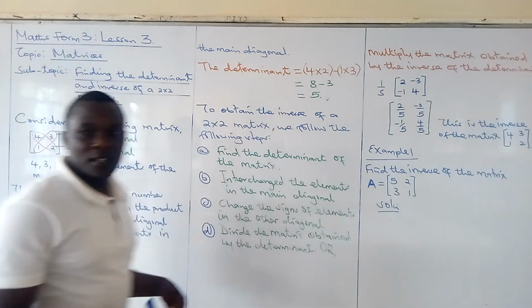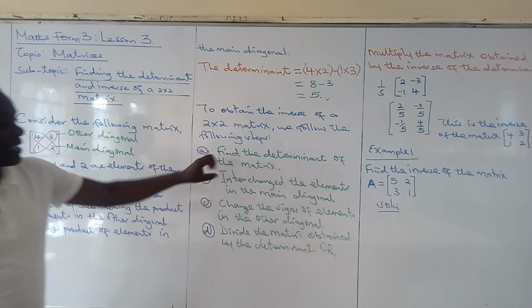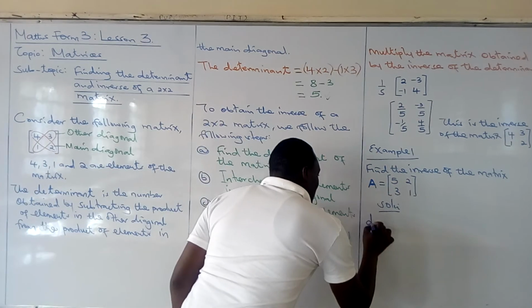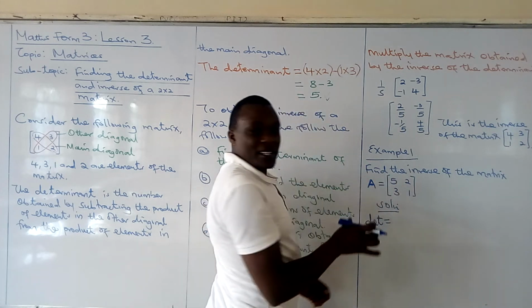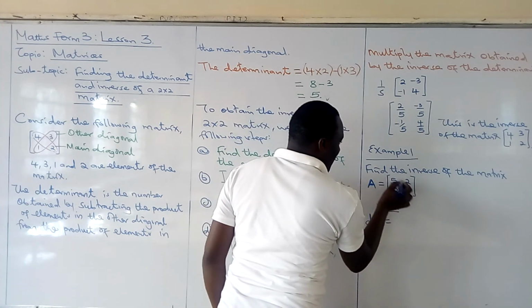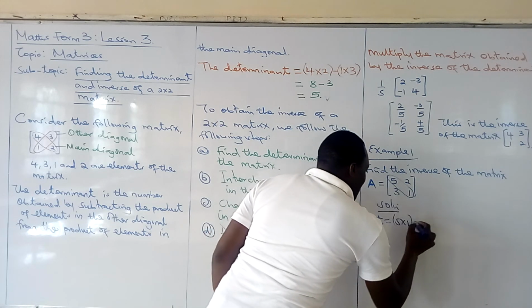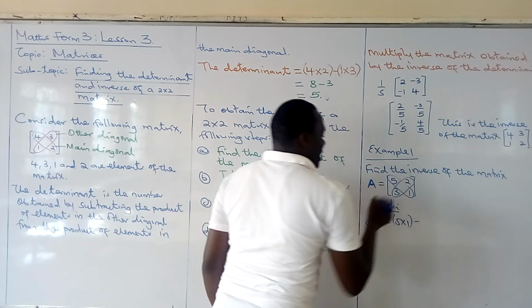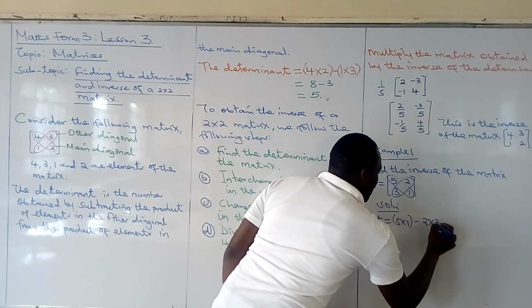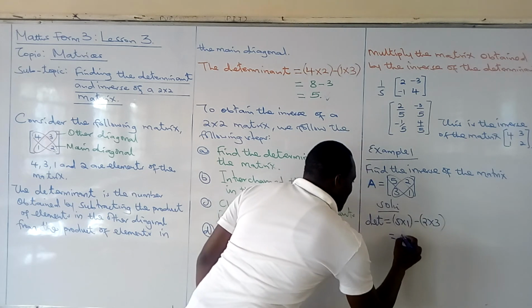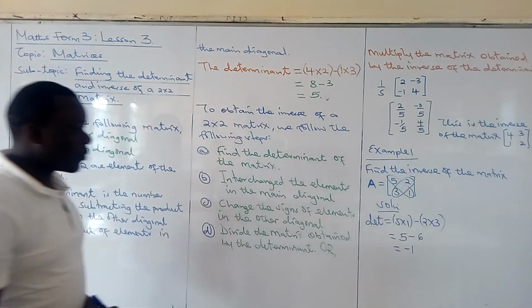Solution: we will follow the same steps. Step number 1, finding the determinant. Our determinant will be the product of the elements in the main diagonal, 5 times 1, minus the product of the elements in the other diagonal, which is 2 times 3. So this will give us 5 minus 6. Therefore, our determinant is minus 1.